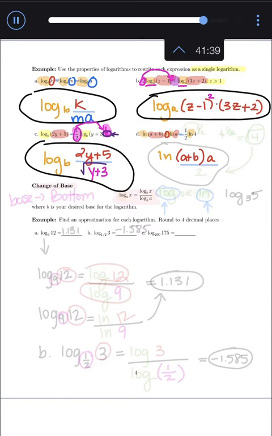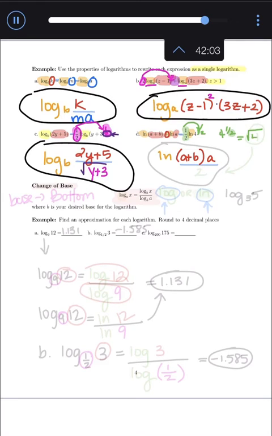Well, on this last piece, notice that we have a 1/2 out in front. Well, remember that's going to get moved in as an exponent, and so that will turn into 4 to the 1/2 power. Well, remember the 2 on the bottom tells you you can rewrite a 1/2 power as a square root.